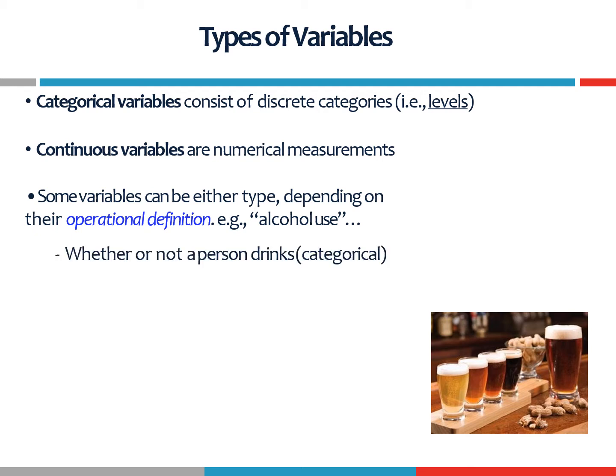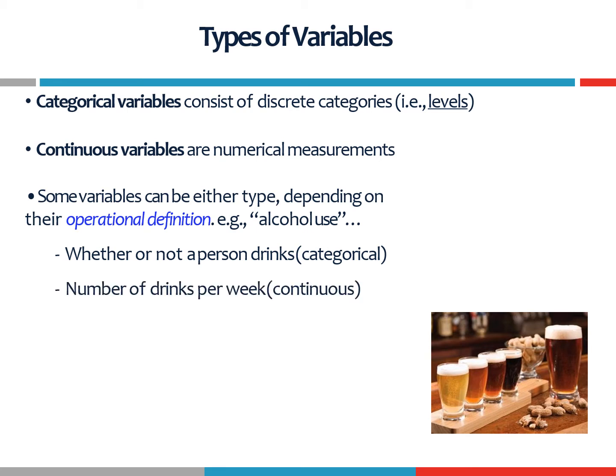Well, if we're thinking about a categorical variable that's going to have discrete categories, we could simply ask people, do they drink? Yes or no, right? So that would be a categorical classification.